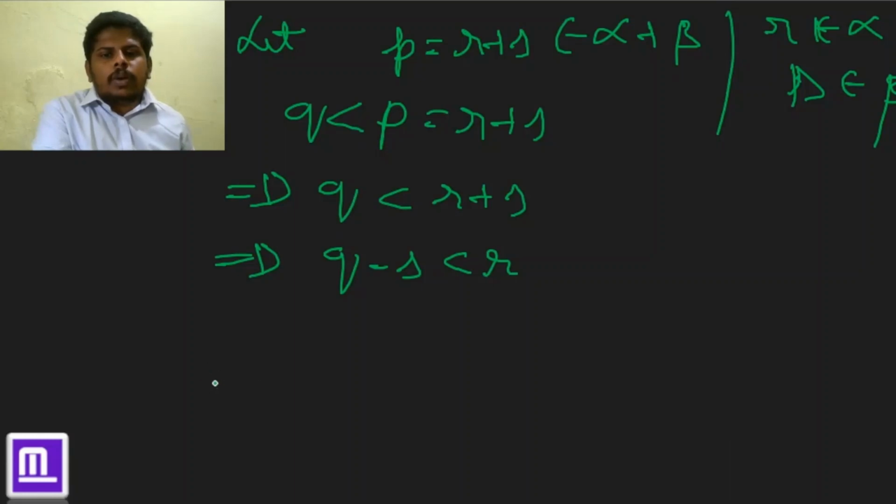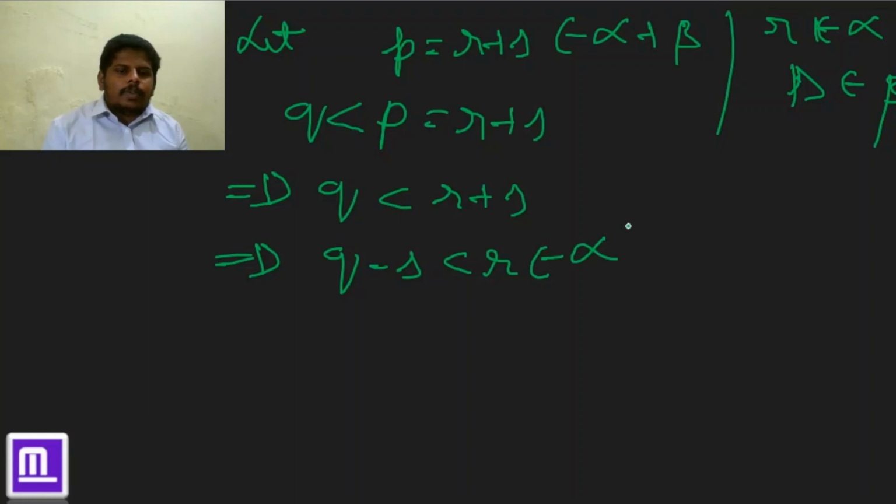What can we do now? This q minus s is a rational number less than r. What is this r? This is a number in alpha, and this is a rational number. Therefore, q minus s belongs to alpha.